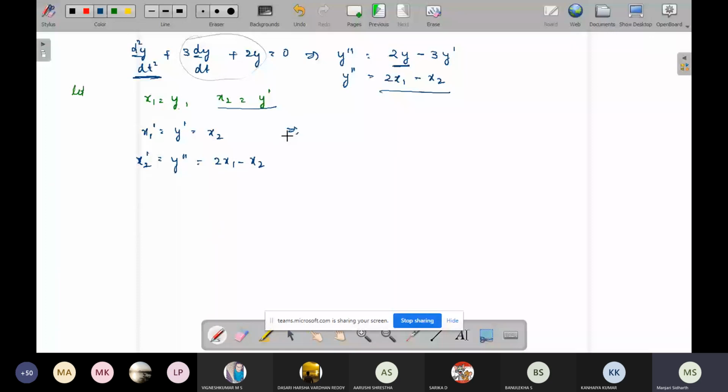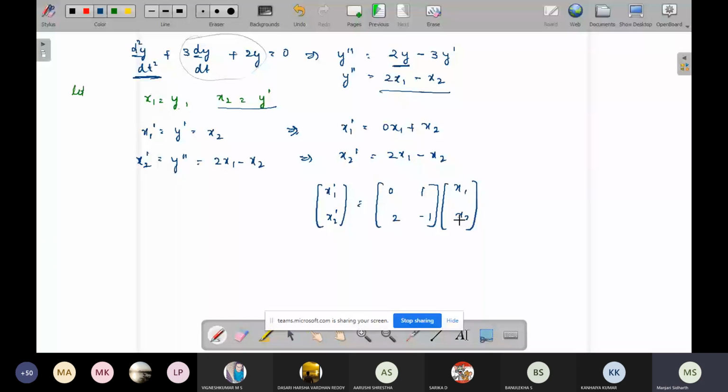So this equation becomes x1 dash is equal to 0x1 plus x2, and this equation becomes x2 dash is equal to 2x1 minus 3x2. That means the system becomes x1, x2 dash equals the matrix 0, 1, 2, minus 3 times x1, x2.